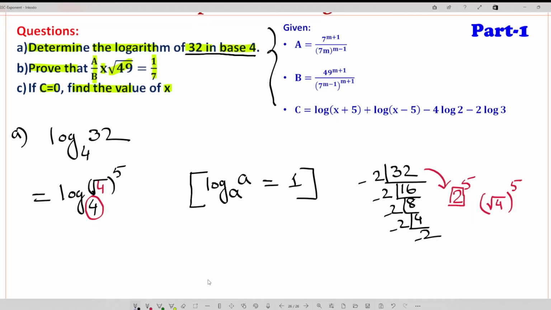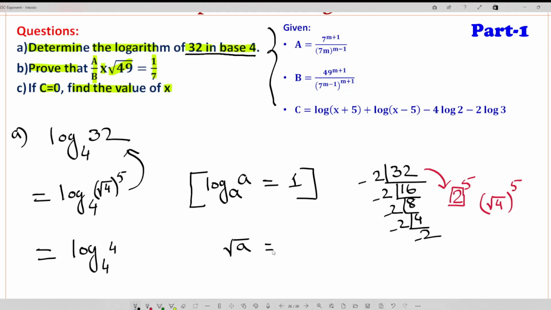So clearly we can write like this: here is root 4 and power 5, which means 32. And now look, log base 4 of, if we want to remove the root, we can write like this: 4. We know root a means a to the power 1 by 2.